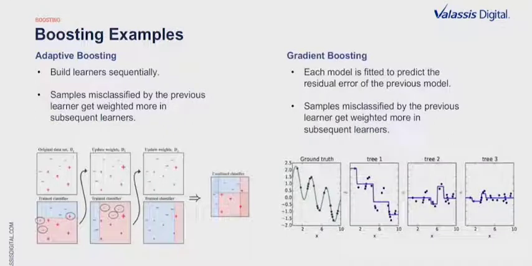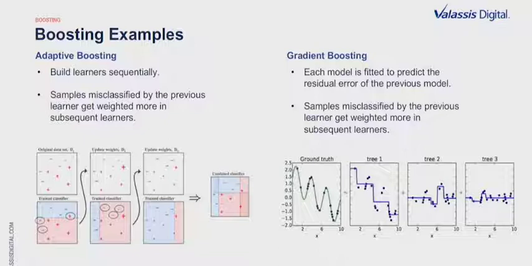And there are different ways of boosting. One is adaptive boosting, which basically does what I described. We build the base learners sequentially, and the samples that were misclassified receive more weight in the next iteration. And there is what's called gradient boosting.